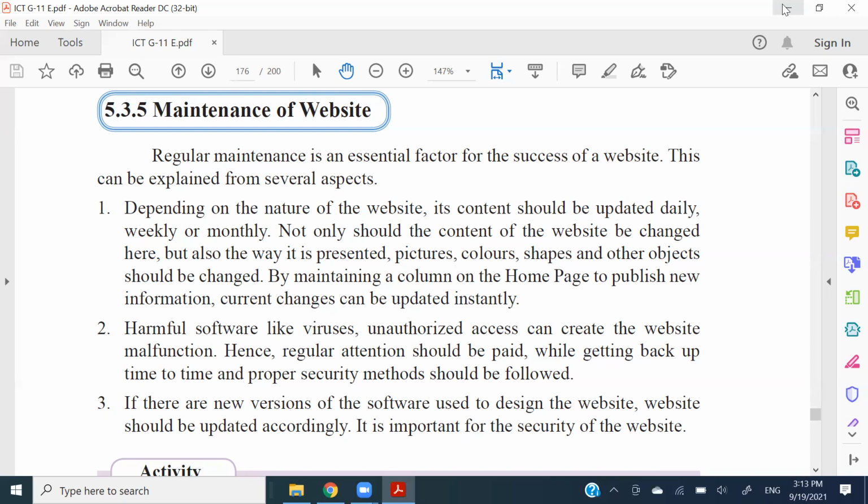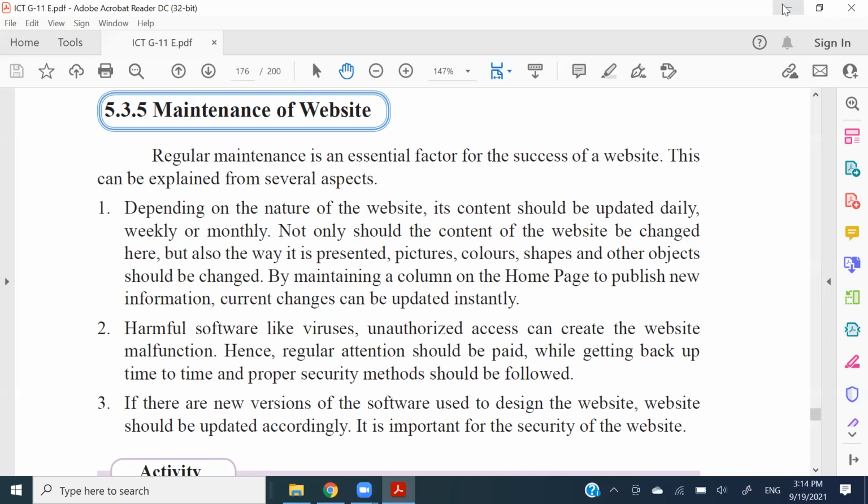And if it has not been updated, then they know what is there inside. So after some time, they will get fed up with the website, and they will have that mindset: there is no point of visiting that particular website, right? And again, only the content updation is not enough. You have to maintain the appearance, right? The attractiveness, right?